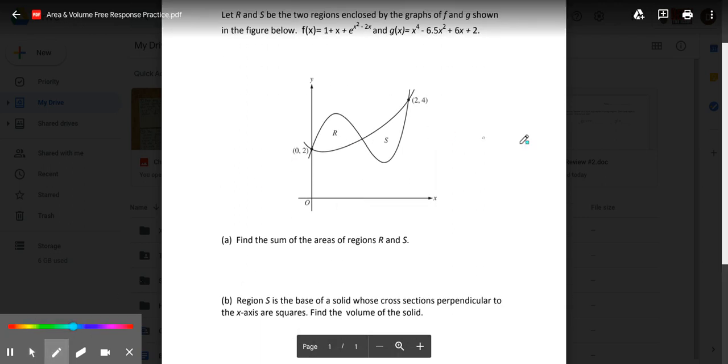All right, hey guys. So we have R and S, and there are two regions enclosed by the graphs of f of x and g of x. And if you're not sure which curve is which, you have a calculator to be able to plug this in. But the curve that looks exponential, that's your f of x.